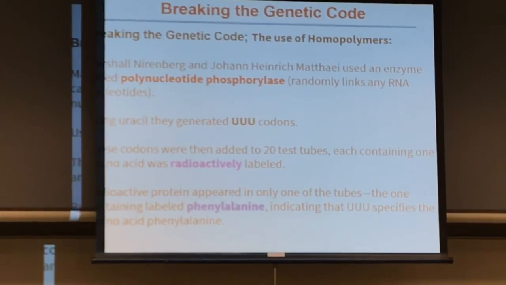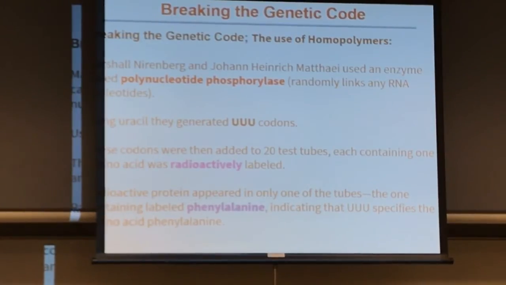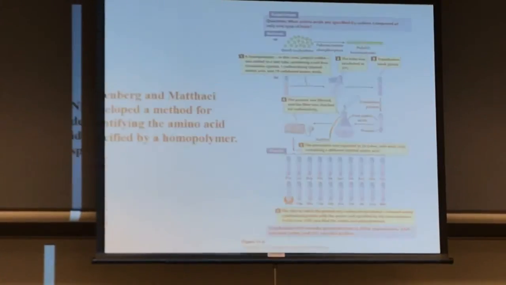They were all phenylalanine units only. Now they understood that, all right, if that's the case, UUU codes for phenylalanine. Get that? If they had all the 20 amino acids, and then they added the triplet code, protein synthesis happened only in the tubes that had phenylalanine, indicating that UUU codes for phenylalanine.